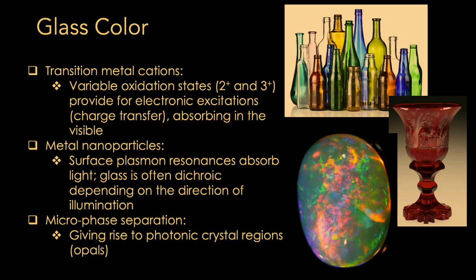So there are the irons and the manganese and the nickel, things that we have in common steels or even other metals in our daily experience. They have two oxidation states, typically. They can even have more, but typically they have between 2+ and 3+. That means the 2+ is stripped of 2 electrons, the 3+ is stripped of 3 electrons. And there's a mixture of the two.